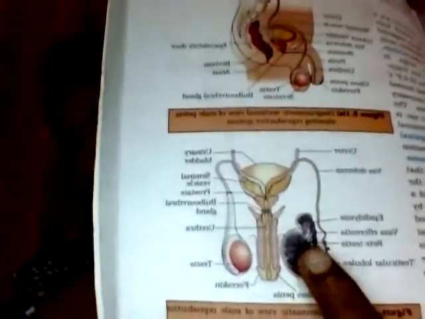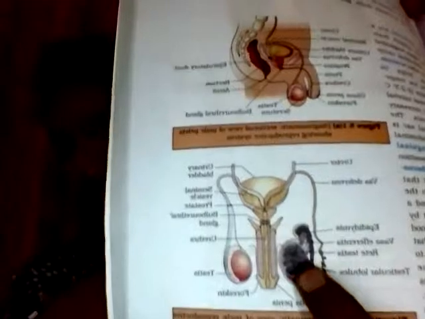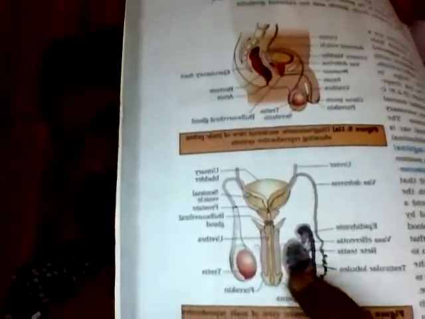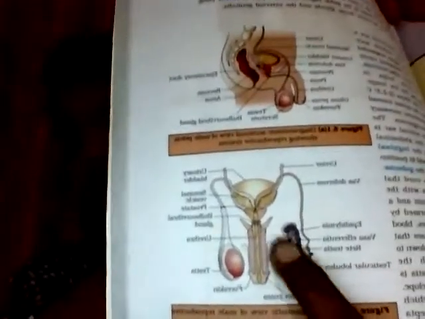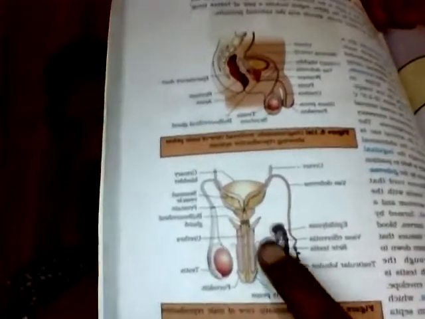This is the testis, and these are the septa formed by the tunica albuginea. Each testicle consists of 250 lobules, and each lobule has one to three highly coiled seminiferous tubules.